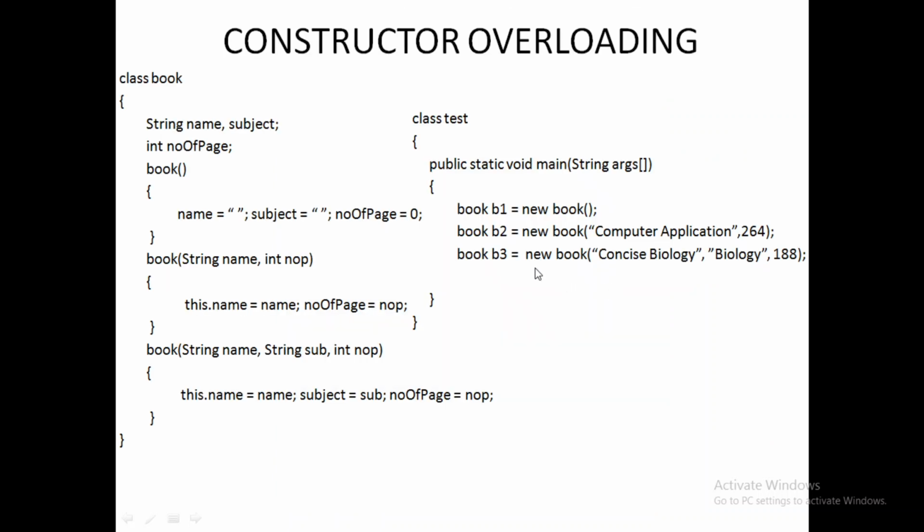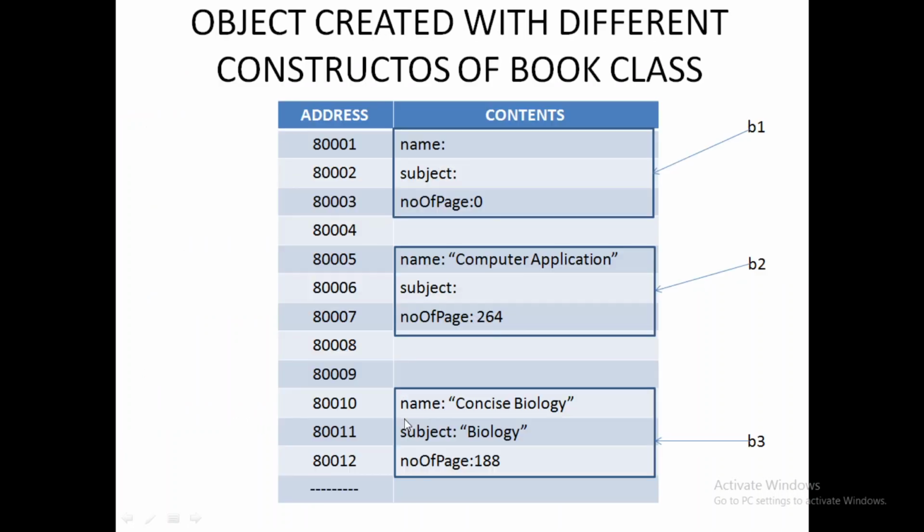And B3, whenever we created B3, we used three values, computer, biology and 188, and those values are used to initialize instance variables name, subject and number of pages respectively. So that is what happened here. In the B3 object, all three instance variables are initialized with the values passed during the creation of B3.